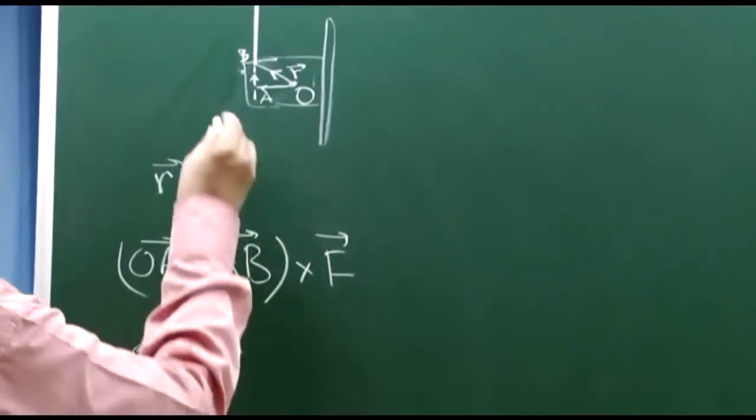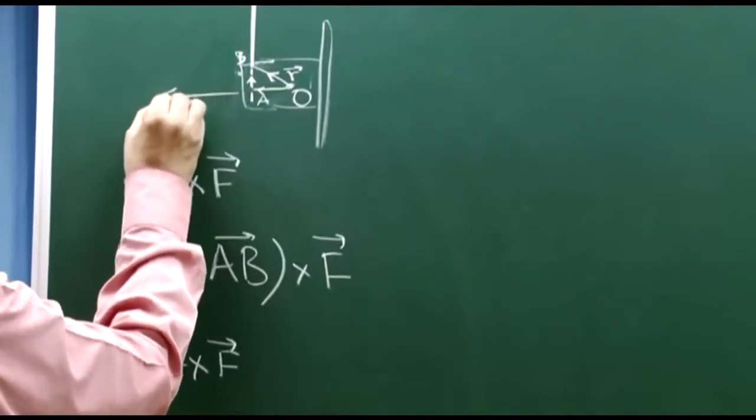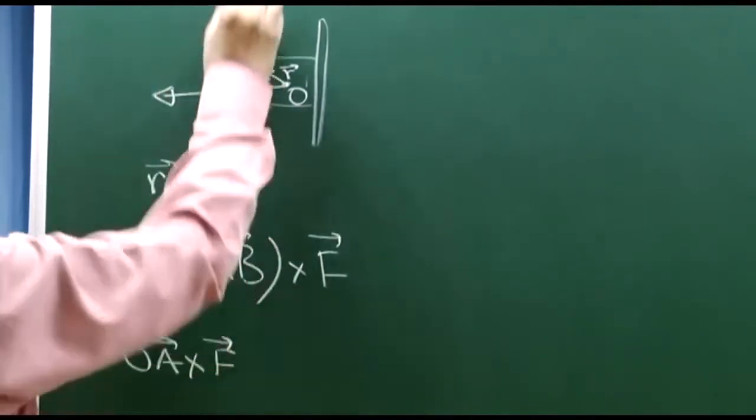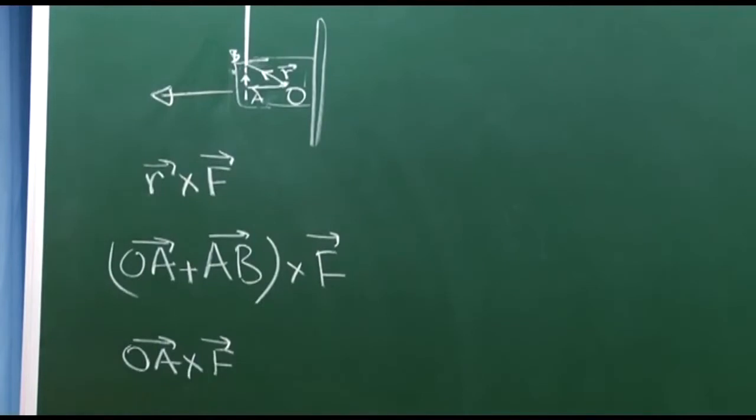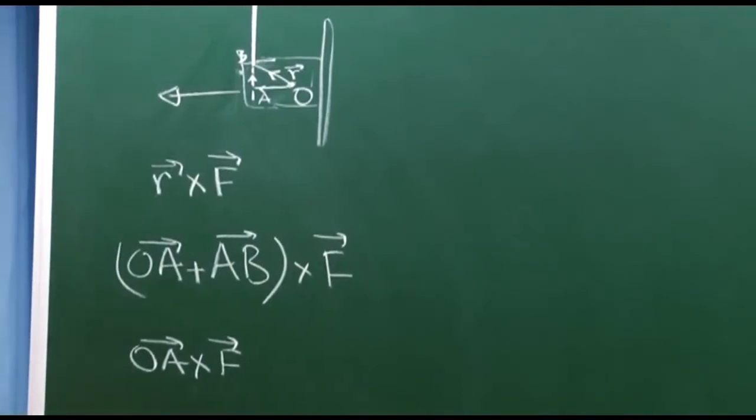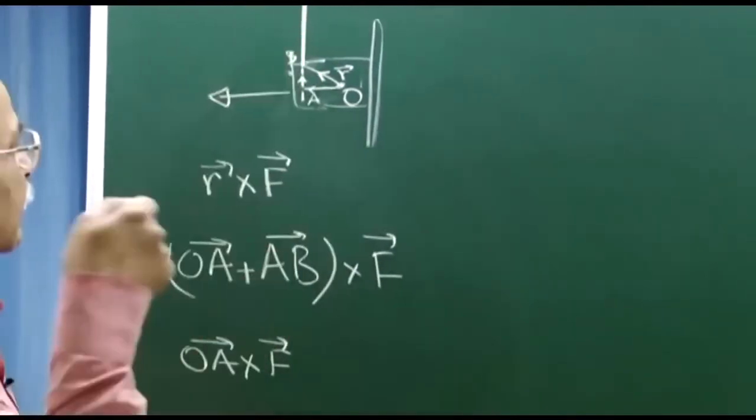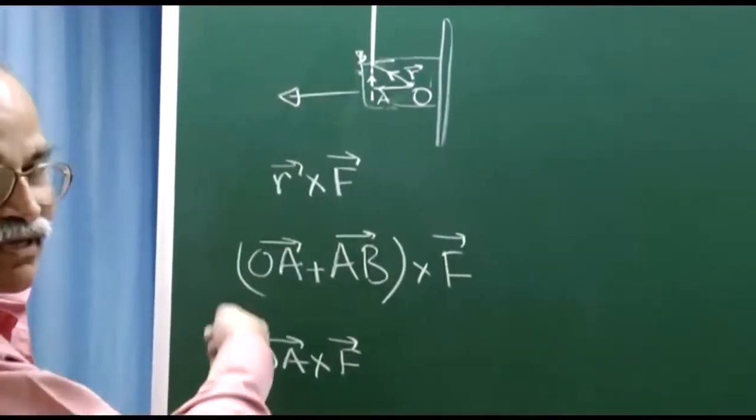So, what is the direction of OA? This is the direction of OA, and this is the direction of F. So what is the direction of the torque? R cross F is going into the board.